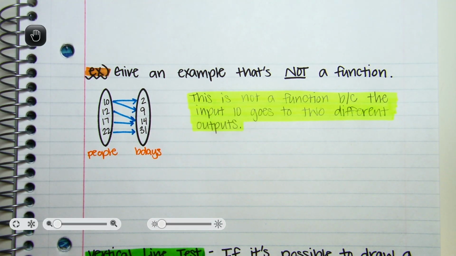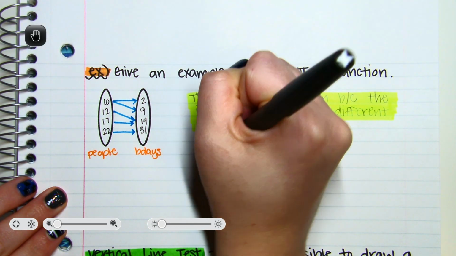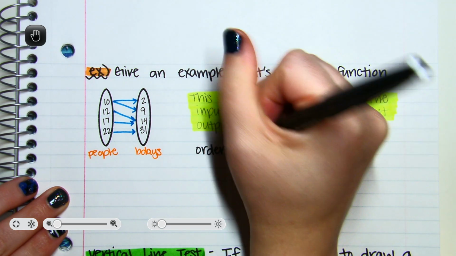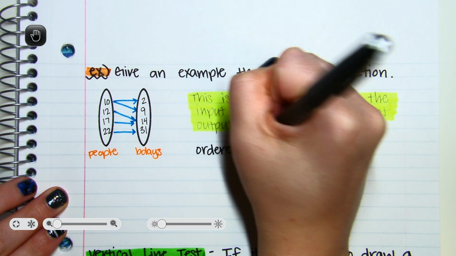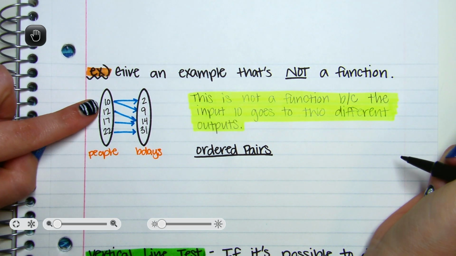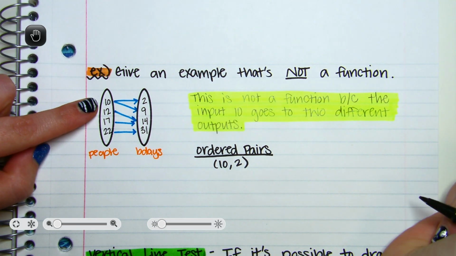All right, now I want to look at this in a couple of different methods, because in your homework you will be given information in various ways and asked whether or not it's a function. So ordered pairs, if I were to write this out as ordered pairs, it would be 10, 2.